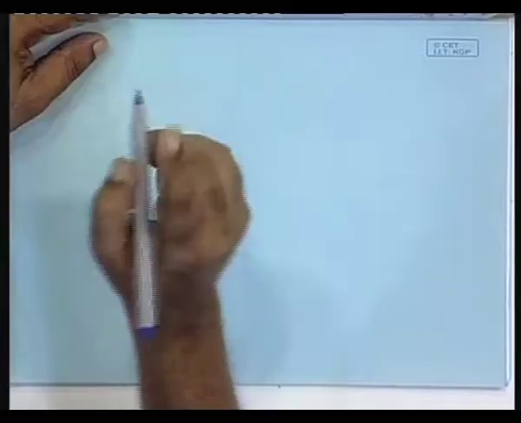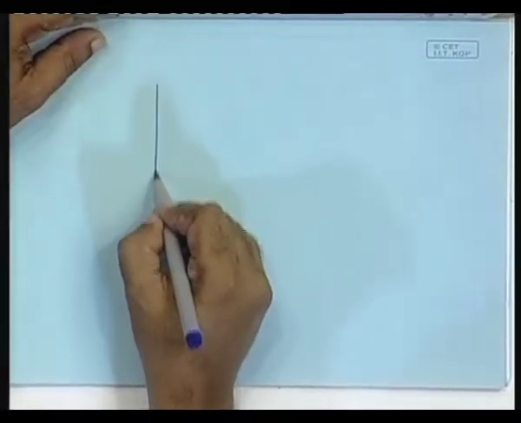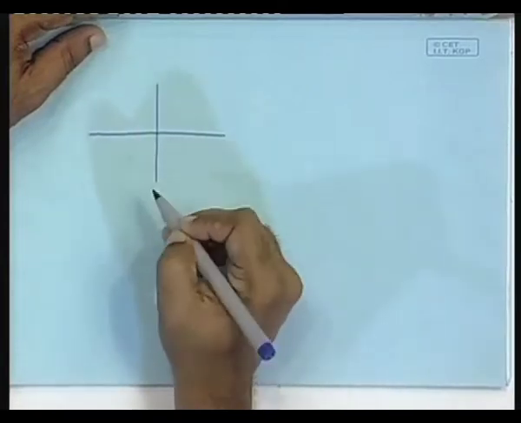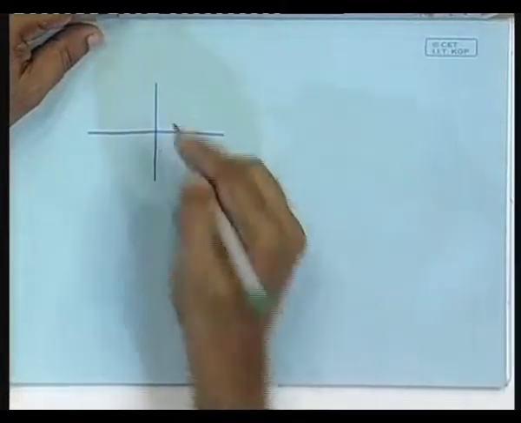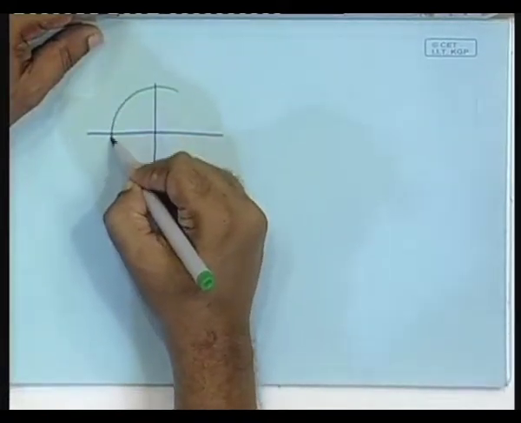Now, you know that the fixed points are classified depending on the character of the eigenvalues, and you know that if there is one eigenvalue, okay, let's just recapitulate that. Say I am drawing the complex plane and the position of the eigenvalues as related to the complex plane.